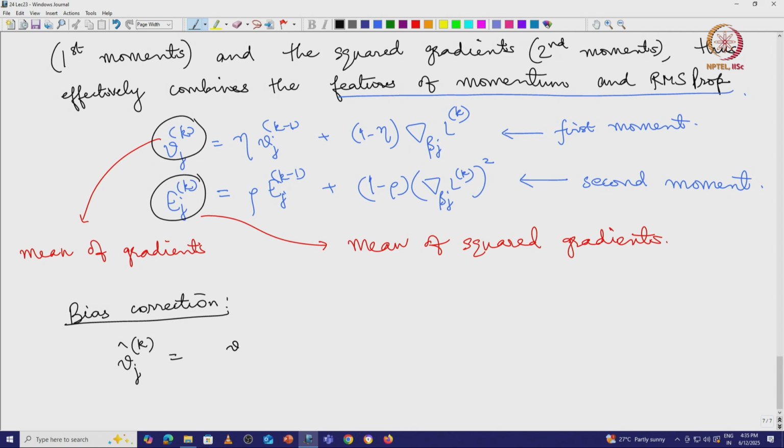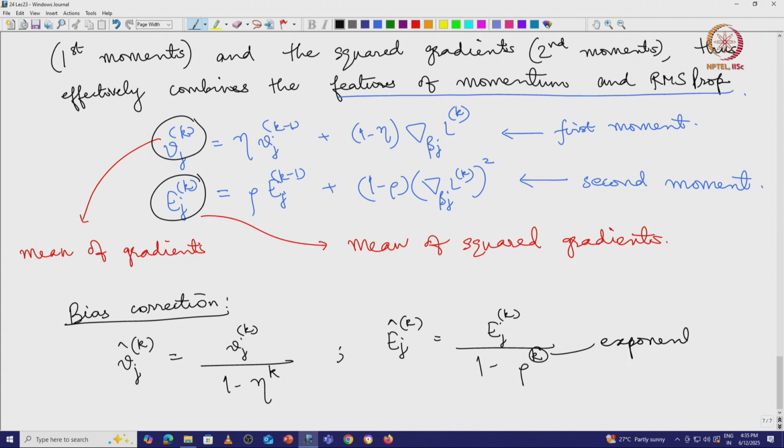That is Vjk divided by 1 minus eta to the power k, and similarly Ej hat k is Ejk divided by 1 minus rho to the power k. So, this is k in the exponent. You can see that initially the value of rho is something between 0 and 1. So, this value 1 minus rho would be close to 1.